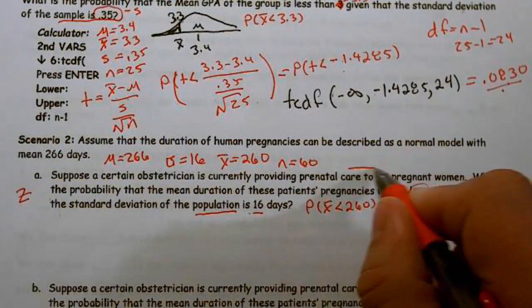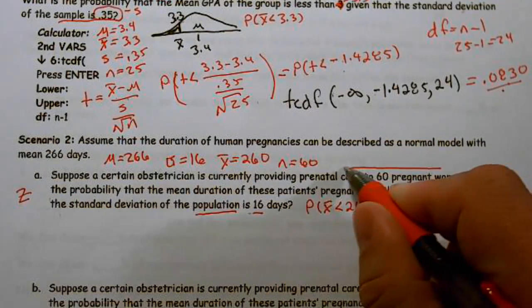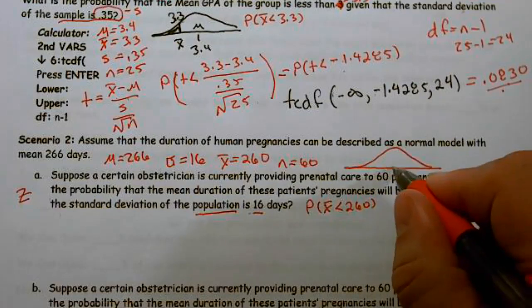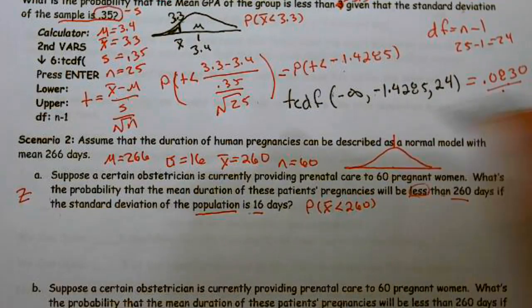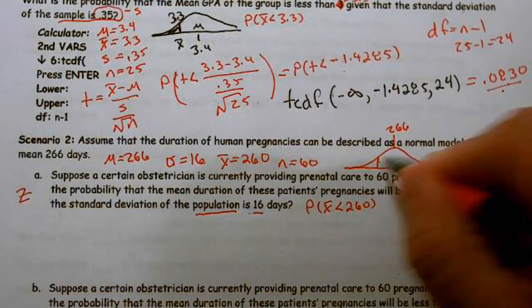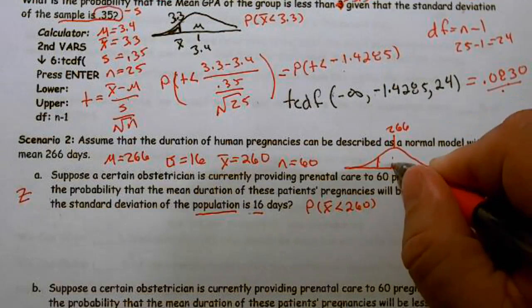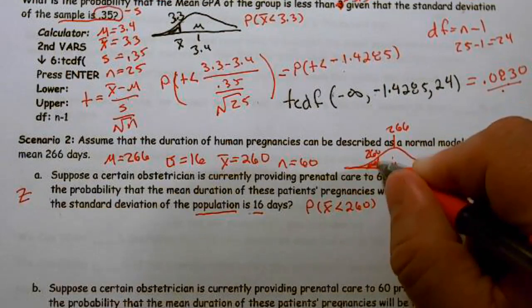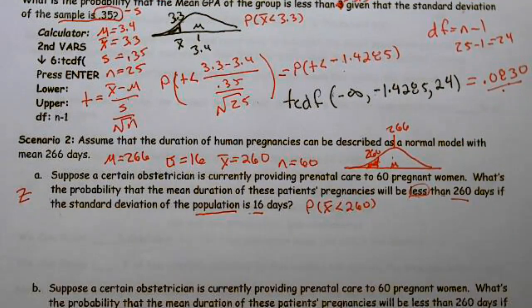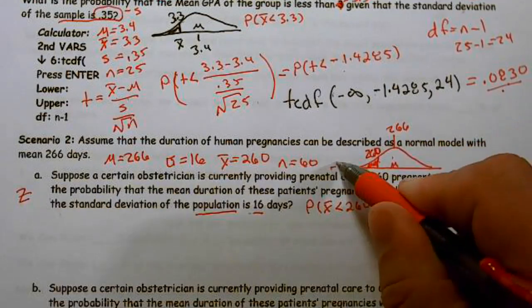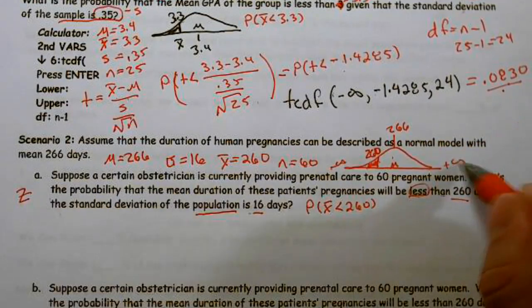Now, if I'm drawing a picture of this, I don't have a whole lot of room, so that's why I'm putting it up here. This is my mean, right here, at 266 days. We have an X bar, so this is the mean. Our X bar is at 260, and we're looking for that area shaded off. This is supposed to be 260. All right, so this is going to negative infinity and positive infinity.